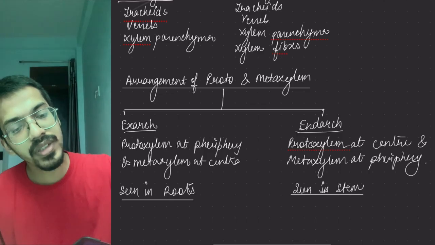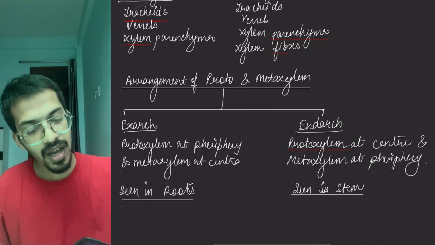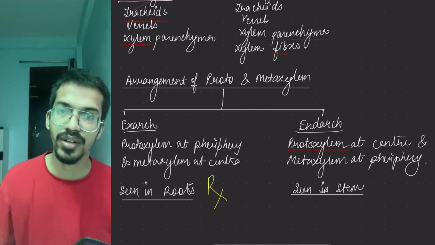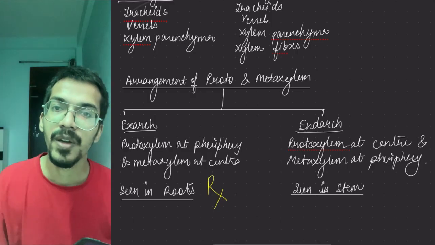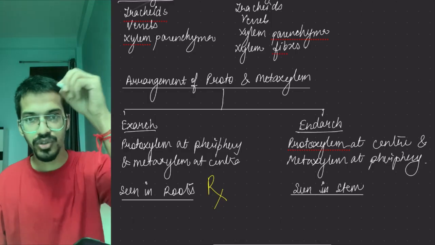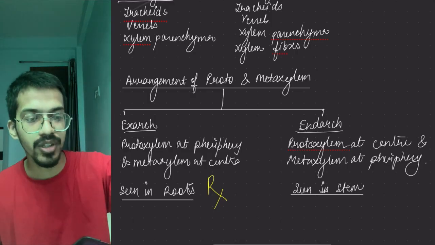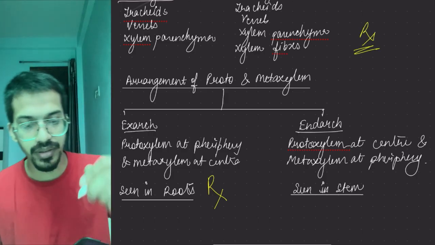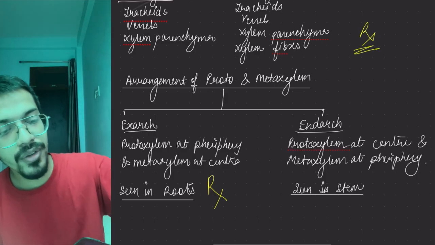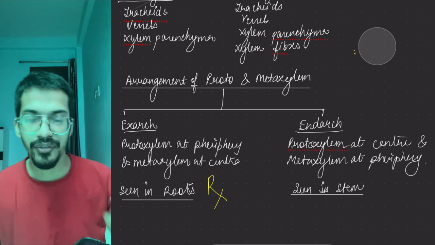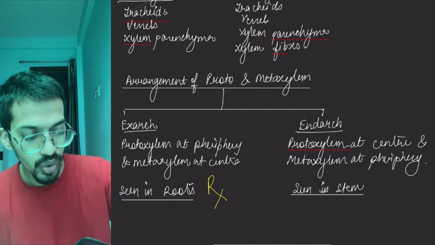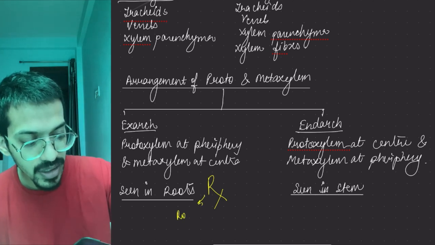Now there is a trick. This is Rx, like when you become doctors, doctors write Rx on their prescription, meaning reaction, right? So this is our one example. R for what? Roots. X means what?